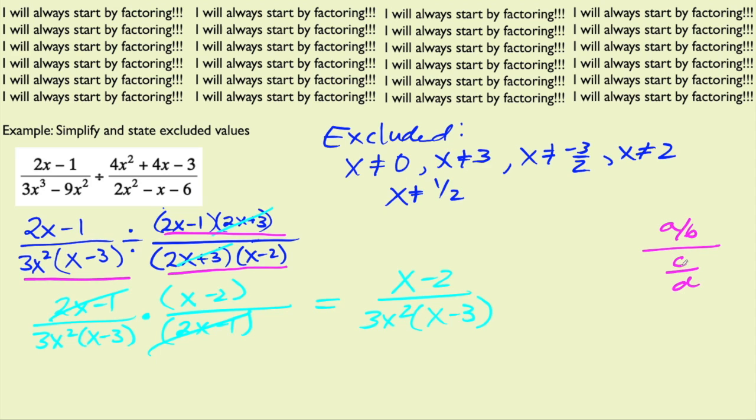And then if c was also 0, then this whole thing would be over 0, and that's not okay, right? So 3 things for a division problem that can't equal 0. The denominator of the dividend, and then the numerator and the denominator of the divisor. Okay, so there we have it.